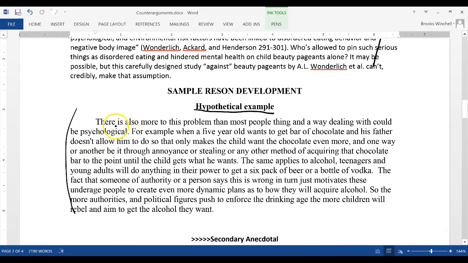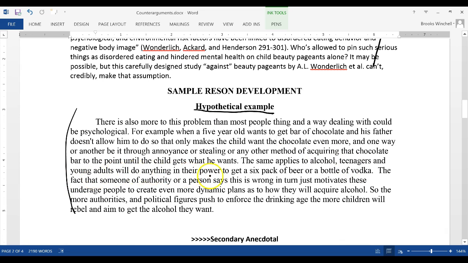And he says, there is also more to this problem than most people think, and a way of dealing with it could be psychological. For example, when a 5-year-old wants to get a bar of chocolate and his father doesn't allow him to do so, that only makes the child want the chocolate even more. In one way or another, be it through annoyance or stealing or any method of acquiring that chocolate bar, to the point until the child gets what he wants. The same applies to alcohol.